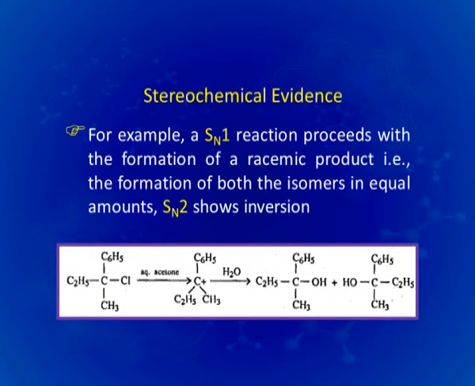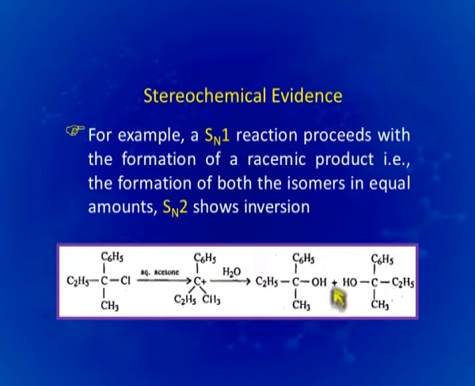In case of SN1 mechanism, for example, this particular halide will undergo reaction and give a racemic product. What is a racemic product? A racemic product is a mixture of two optical isomers.